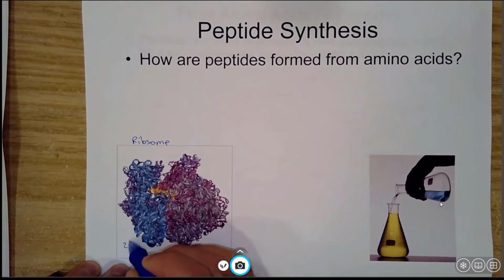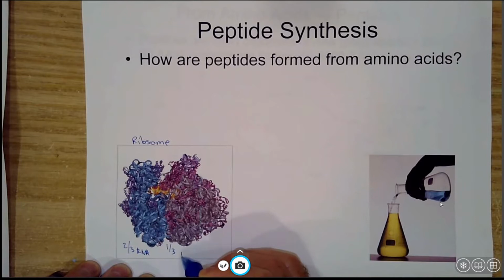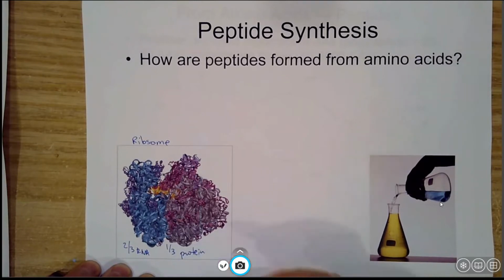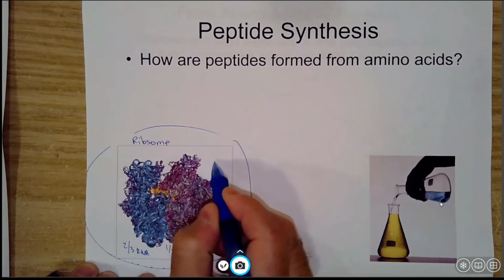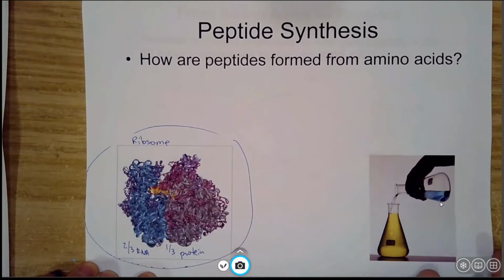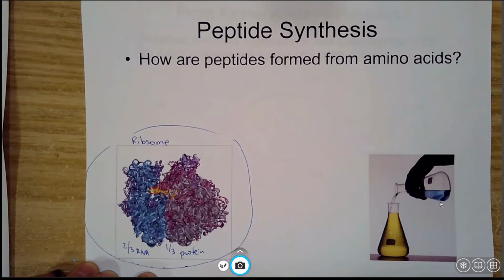It's actually around 2/3 RNA, and around 1/3 proteins. It has around 30 to 34 different proteins. This big complex is responsible for making proteins and peptides. So this encompasses the biological route, and we will look at how transfer RNAs can direct the correct amino acid to the right place at the right time.